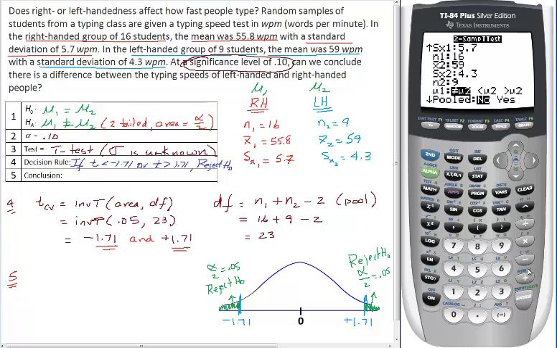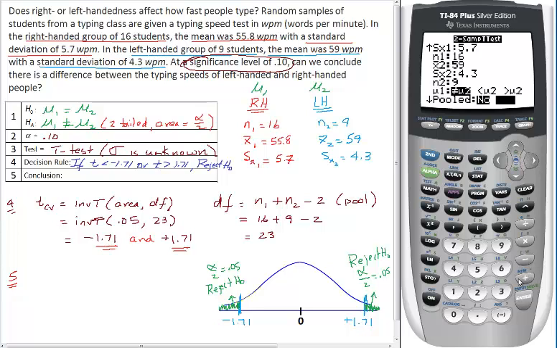And pooling the data. Now again, if you're not sure about pooling data, just ask someone, or ask your teacher about that. But in this case, we did make the assumption that the data was pooled. In another video, we will talk about a sample where we do not pool the data and how the problem changes slightly.